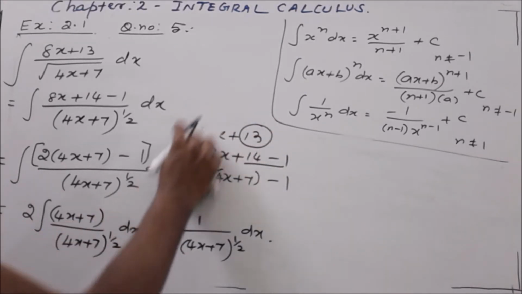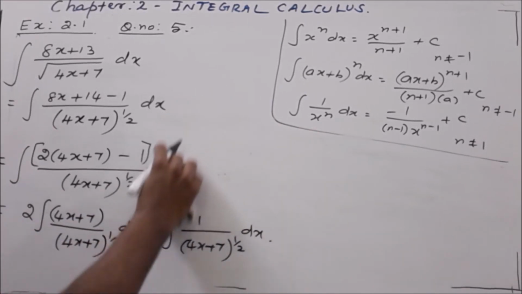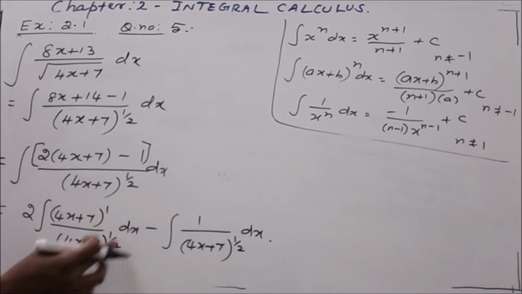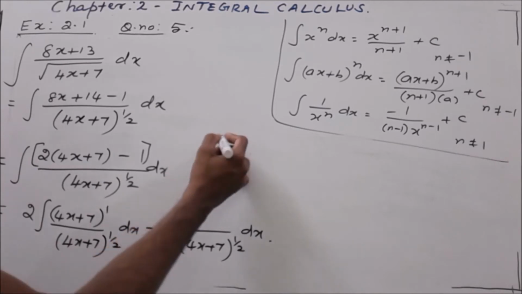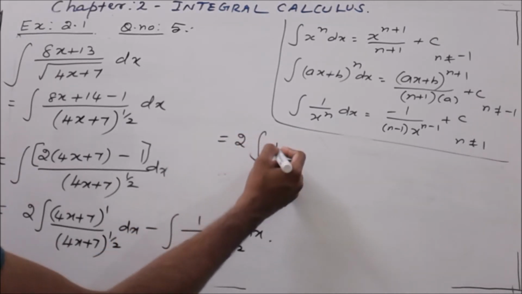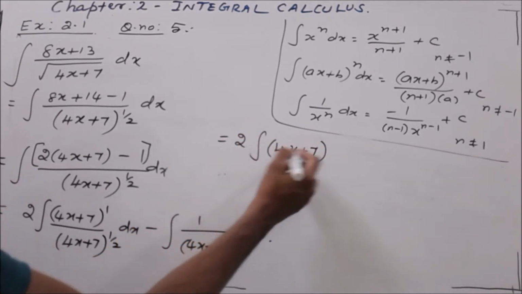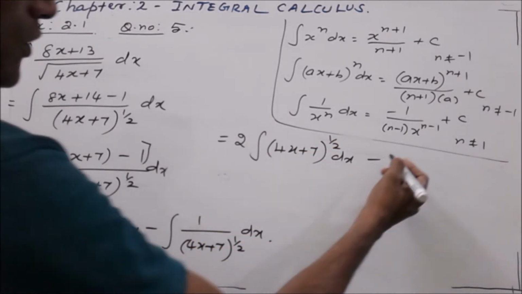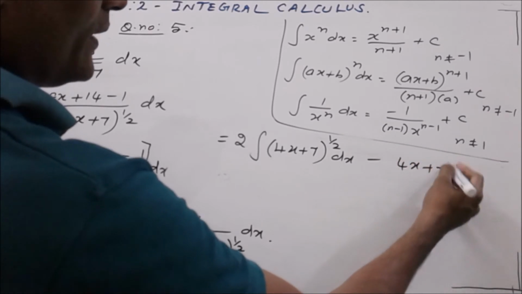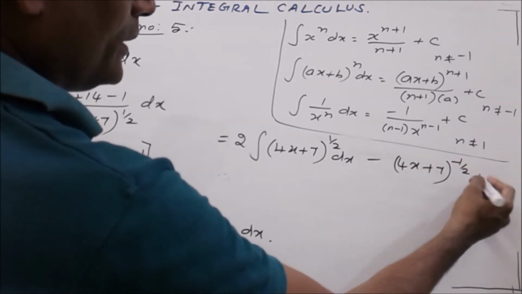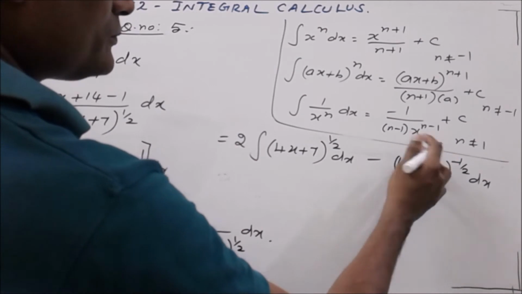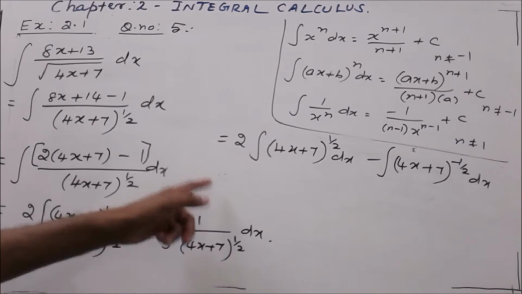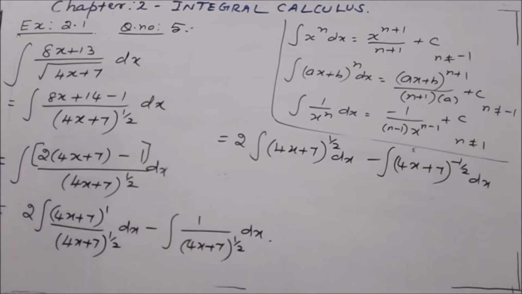Now it has power 1, it has power half. When cancelling, we will have 2 into integral 4x plus 7 whole power half into dx, minus 4x plus 7 whole power minus half into dx. We can convert this denominator to numerator, the power will be negative.